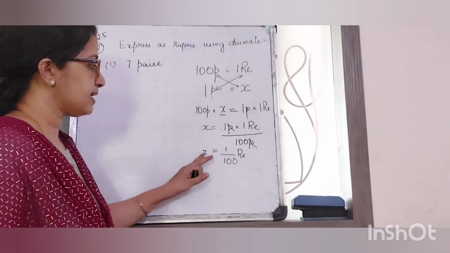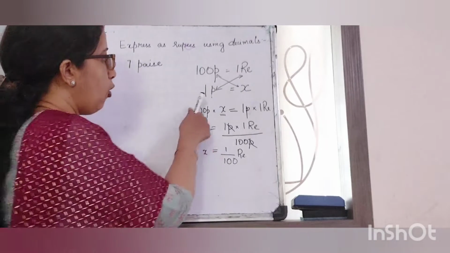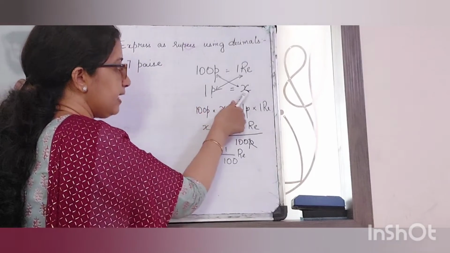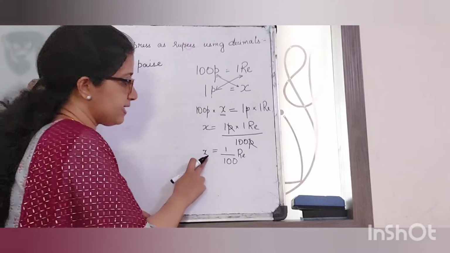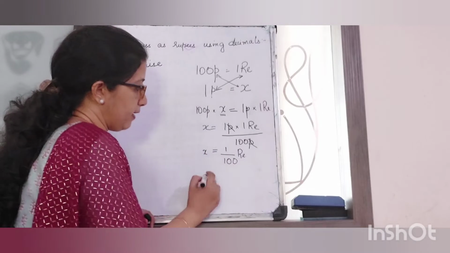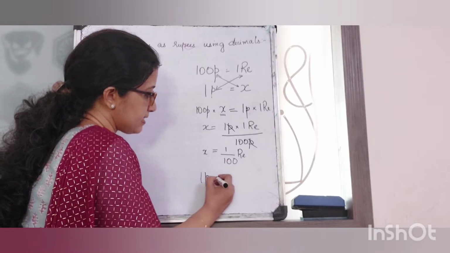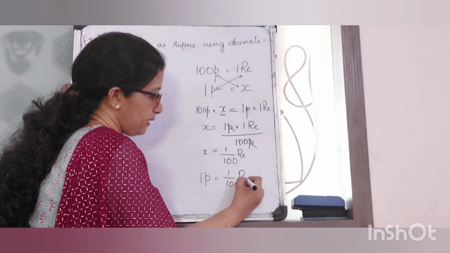So what is x? x is how much 1 paise is in rupees. 1 paise is equal to x rupees, correct? So x is equal to 1 by 100. So 1 paise is equal to 1 by 100 rupee.